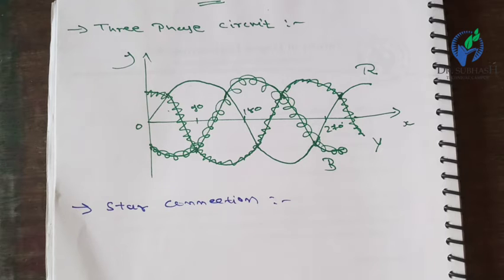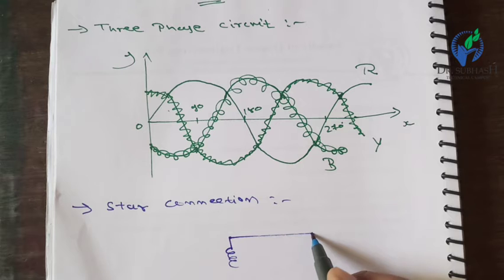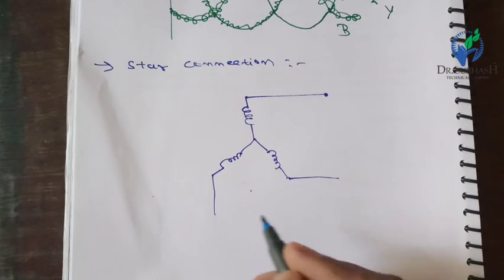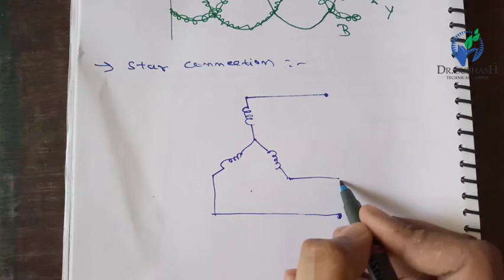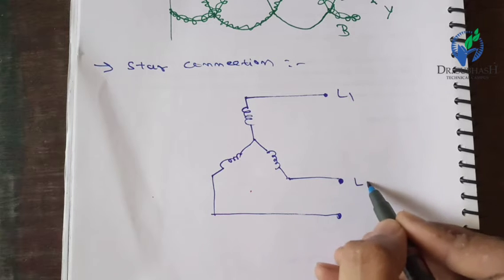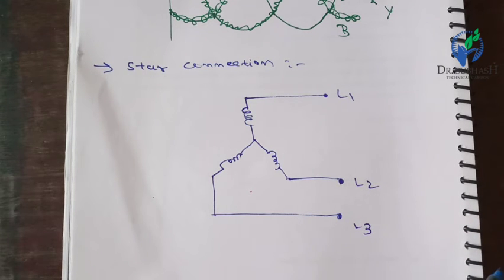For simplification, we draw the star connection. It is one phase, there is a second phase and there is a third phase of the system. It is the L1 line, the L2 line and the L3 line.